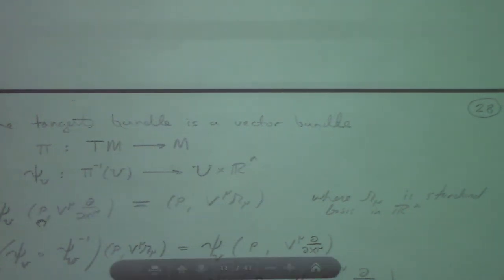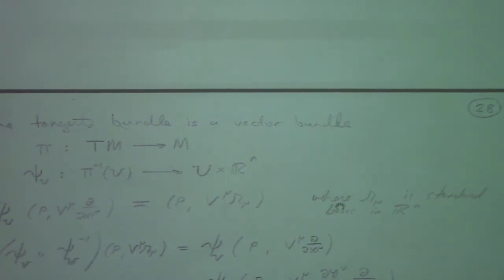I don't know. This probably we should look at for just a second so we understand the notation. So psi u, here's this thing in the tangent bundle. It's P comma a vector. And what is the tangent? Oh, this is really pretty. So check it out. You take something in the tangent bundle and you map it to a point, comma, same components, right? But what's this script R? Script R is the standard basis.